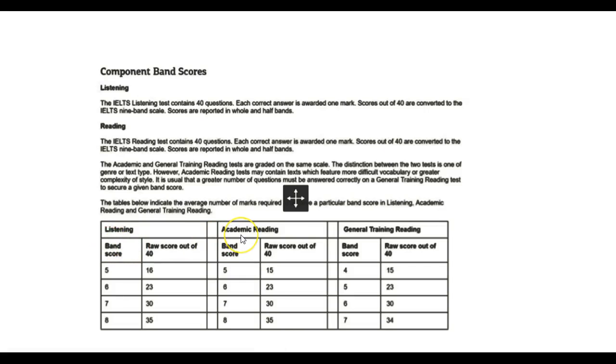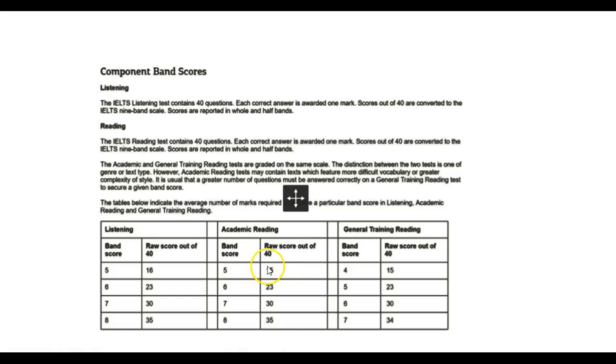For listening and academic reading, and even general training, things are easy to calculate because there are 40 questions in the listening and 40 questions in the reading, and each question is worth 1 mark. However, the total or the raw score out of 40 is usually converted to a band score.